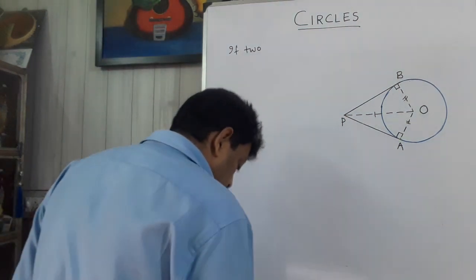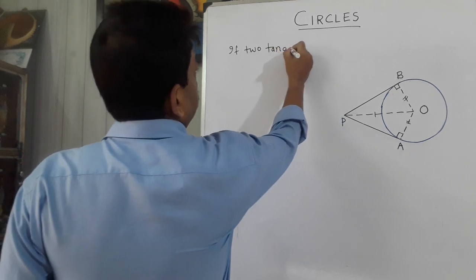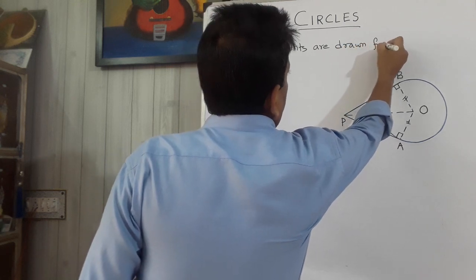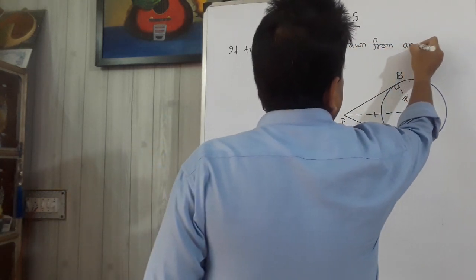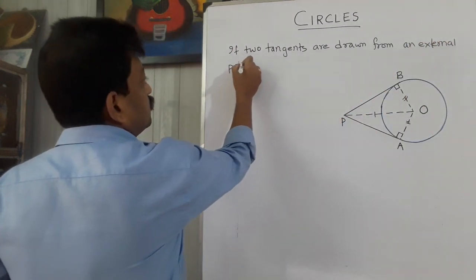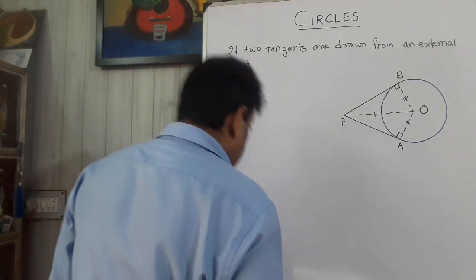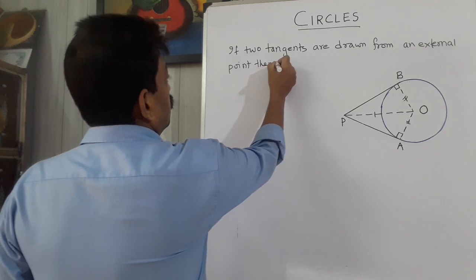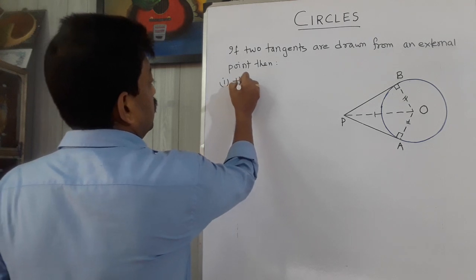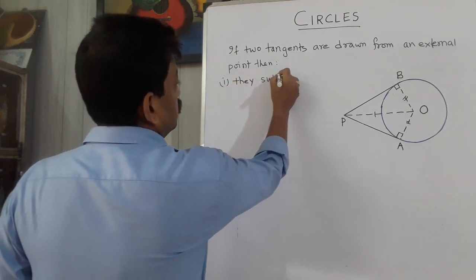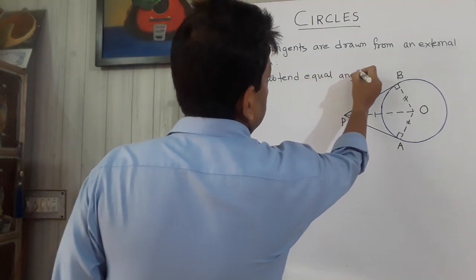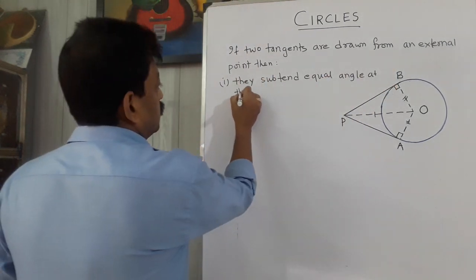It is said that if two tangents are drawn from an external point, then they subtend equal angle at the center. This is number one.